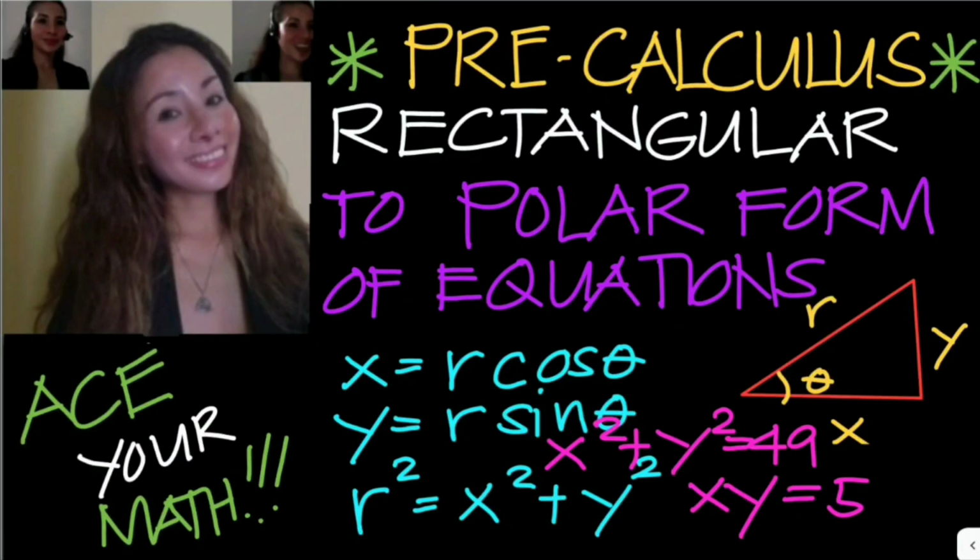In this video, you will learn how to convert equations in rectangular form into polar form. So how do we do that? We convert the rectangular form of equations in x and y into its polar form with variables r and theta.